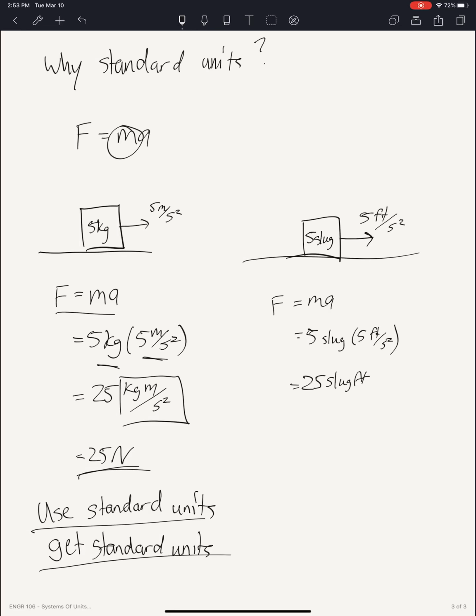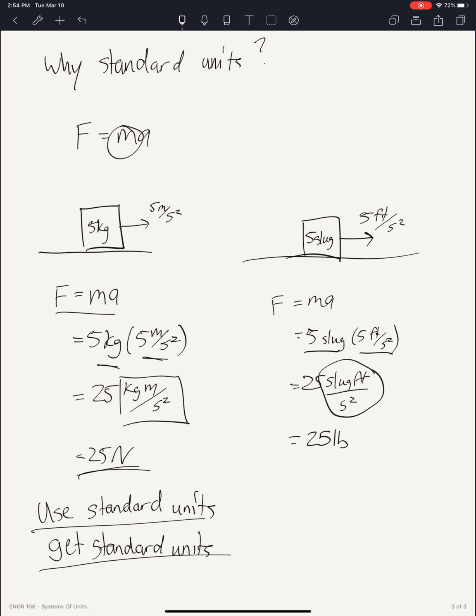But once again, I'm not going to worry about the units here. Here's what I know. I used the standard mass unit. I used the standard acceleration unit. So I get the standard force unit. What is the standard force unit in the US system? It is the pound. So this is how you do it in general.